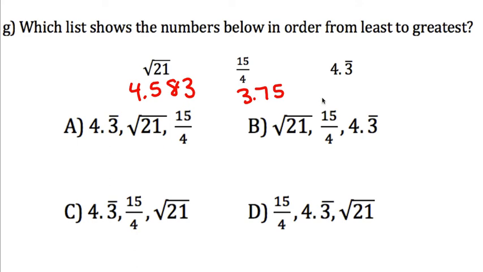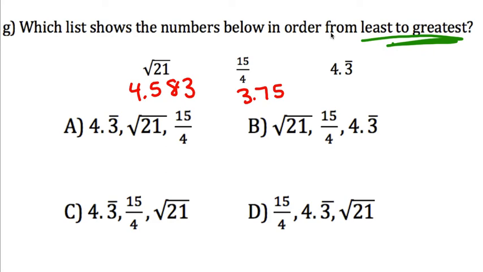All right, so if we are going from least to greatest, make sure you read that because sometimes it will say greatest to least. If you're going from least to greatest, we need to see which of these is the smallest. And we will put this back in the original form, so we're not going to put 4.583, we're not going to put 3.75, we'll go back to the original form.